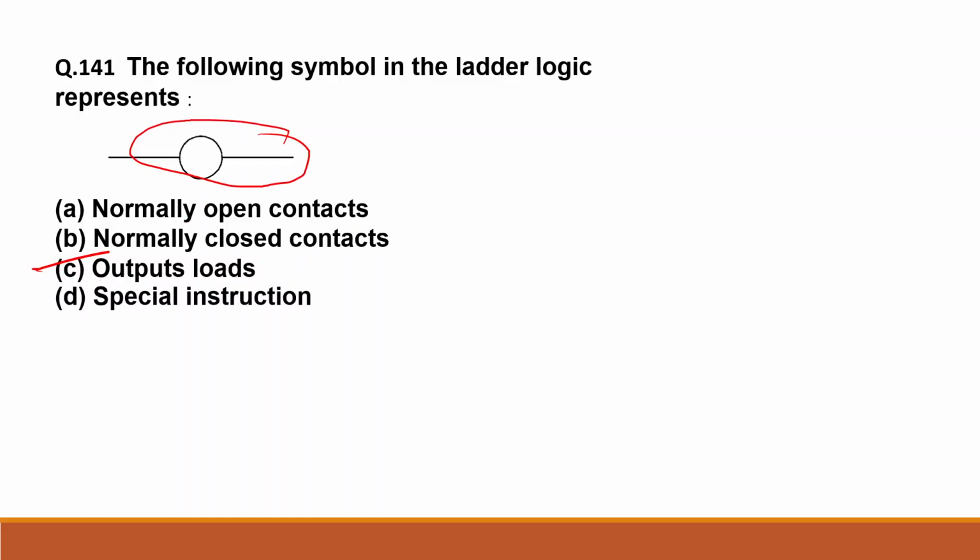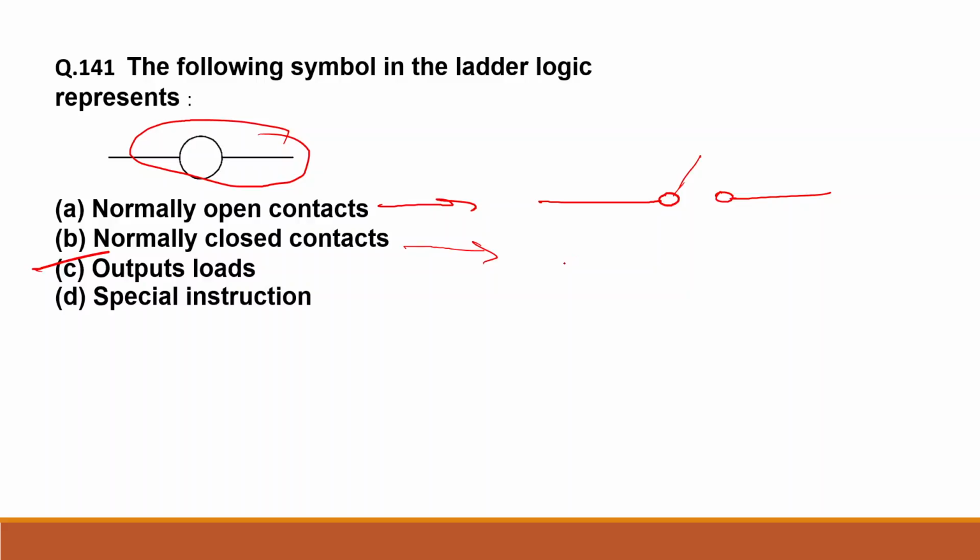Normally open contact: in ladder logic, I will draw the ladder on the right side. Normally open contact is represented in ladder logic like this. This denotes the normally open contacts. Okay guys, moving on to the next one, normally closed contact.